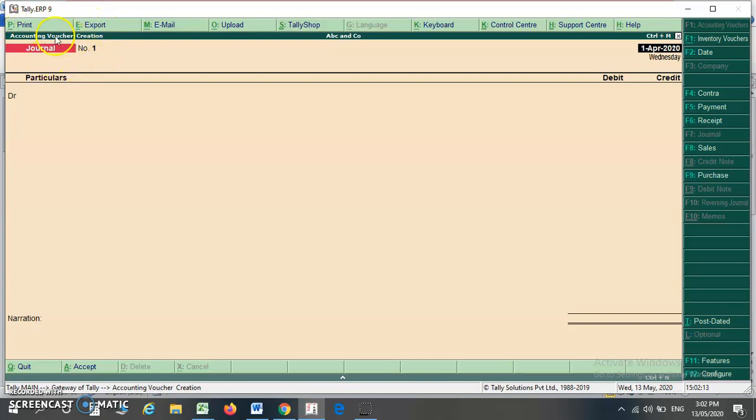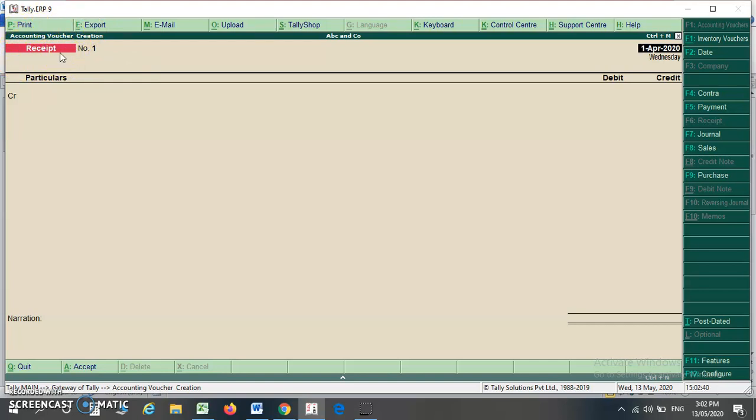Here you can find the option for journal entry. However, you have to make a receipt entry. Then you can select the receipt option from the right hand side icon, that is F6, or you can just press F6 from your keyboard and you can find this accounting voucher creation under receipt.